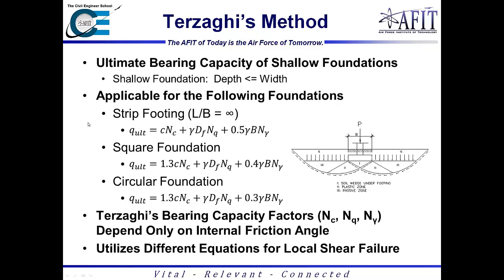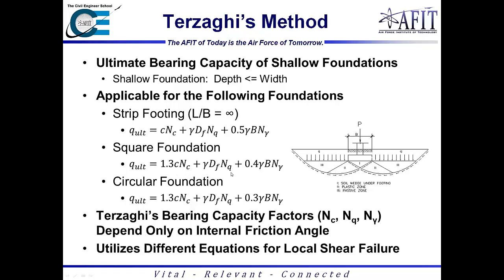If you're looking at a strip footing, a square foundation, or circular foundation, you have to use a different equation. And so the only things that really change are these coefficients, basically in front of the cohesion factor, and then in front of the self-weight factor. So if I look at the square foundation, this 1.3 times cohesion times the cohesion factor, this is basically looking at the actual soil properties, the cohesiveness of the soil.